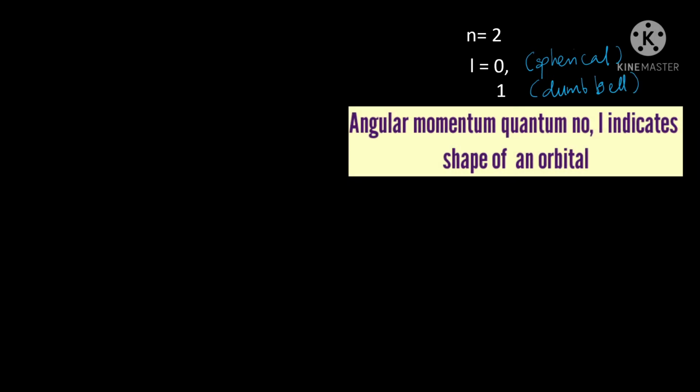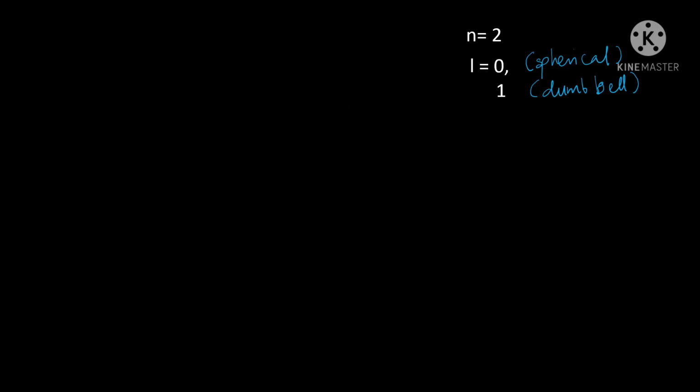As we know, L tells us the shape of the orbitals, and different L values give different shapes of the orbitals. For n equals 2 and L equals 0, the subshell has the designation of 2s, while for n equals 2 and L equals 1, the designation of the subshell is 2p.